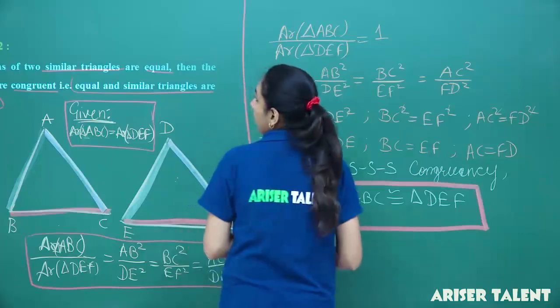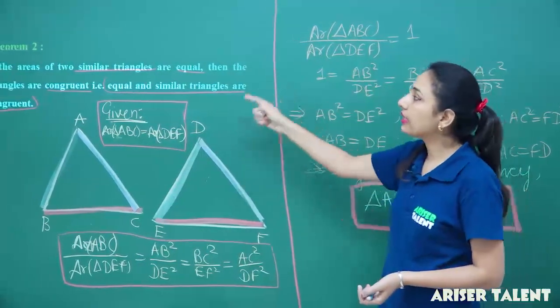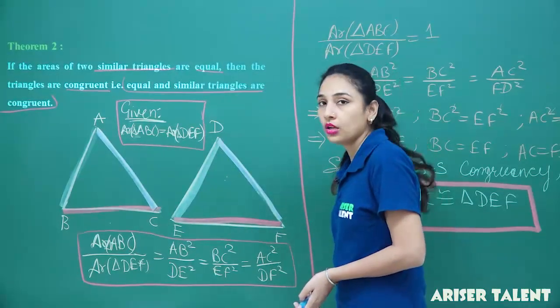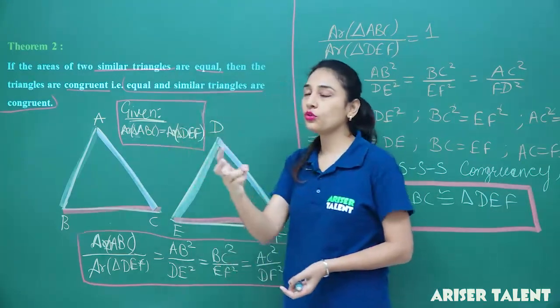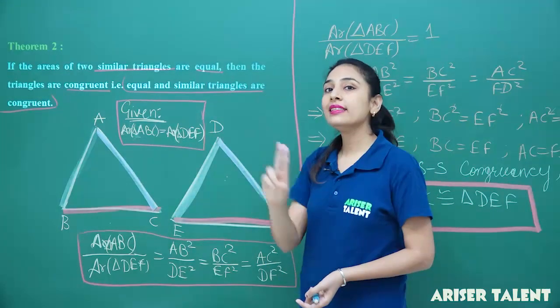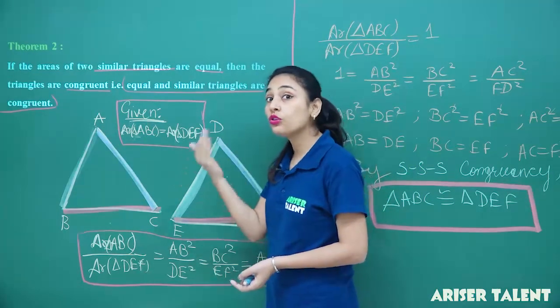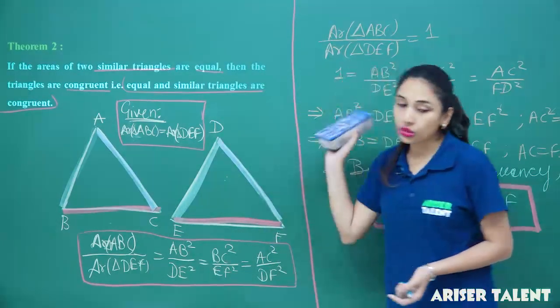We had to prove that if the areas of 2 similar triangles are equal, then the triangles are congruent. That is, equal and similar triangles are congruent. So we have learned that if you are given 2 equal and similar triangles, then these 2 triangles are what? Congruent, students. Okay. So note it.